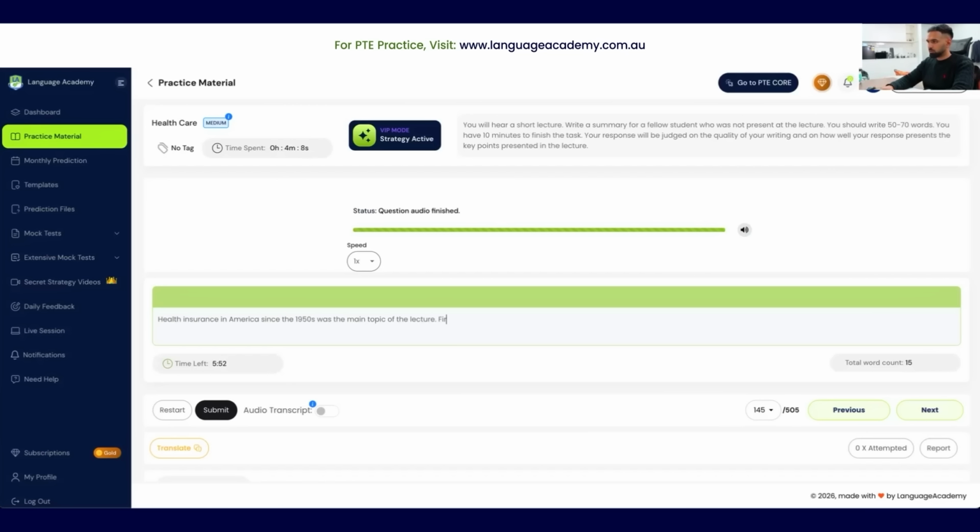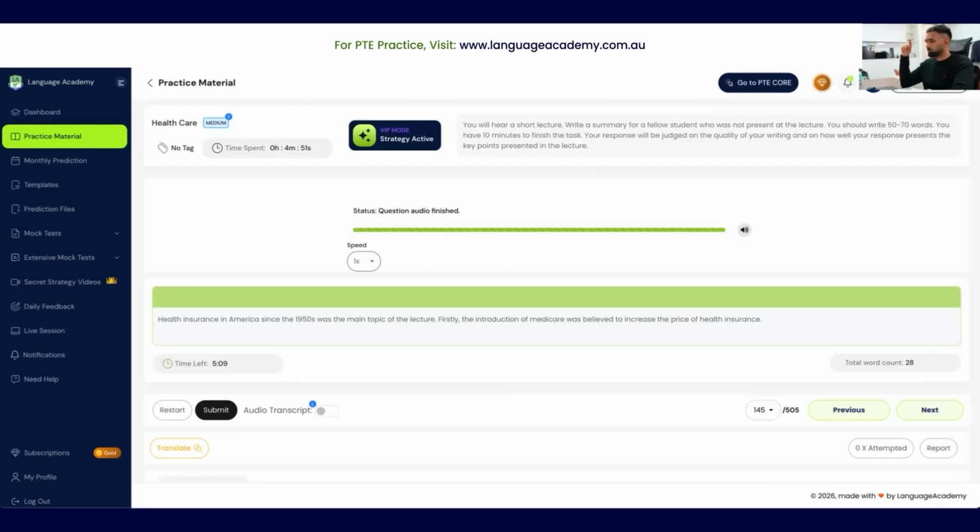Firstly, the introduction of Medicare was believed to increase the price of health insurance. I'm not really sure if it's the right idea or not, but it is somewhat relevant.